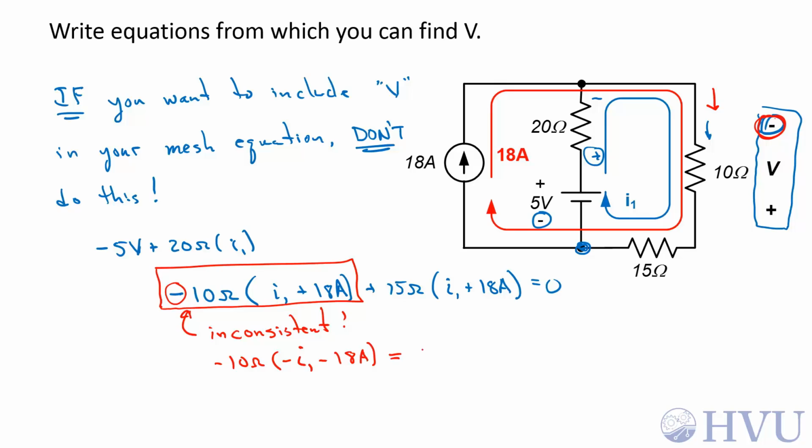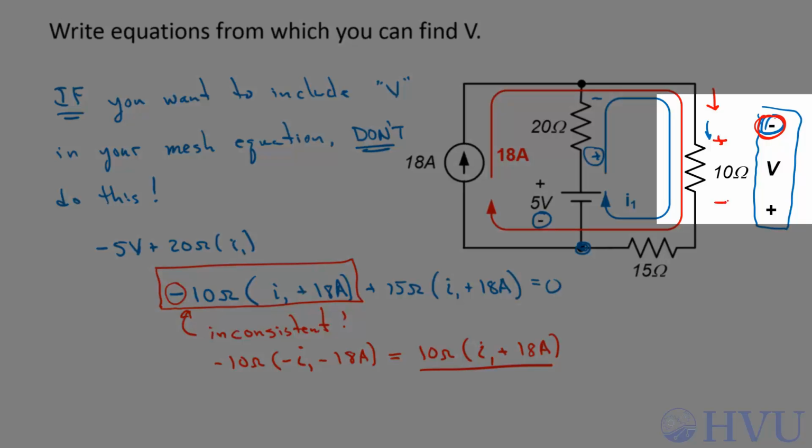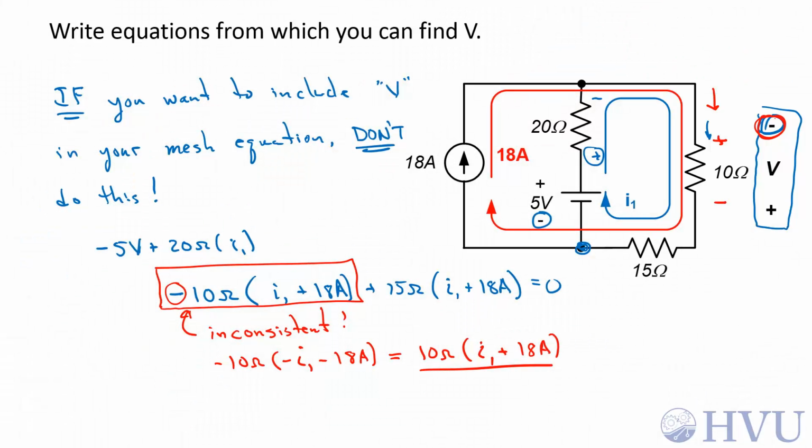Then these negatives all cancel out and it becomes 10 ohms times I1 plus 18 amps, which is the same result you would have gotten if you assumed that this is the positive terminal and this is the negative terminal. So if you're going to monkey around with your sign convention, make sure you're consistent with it. You should always end up with the same equations no matter what sign convention you use.